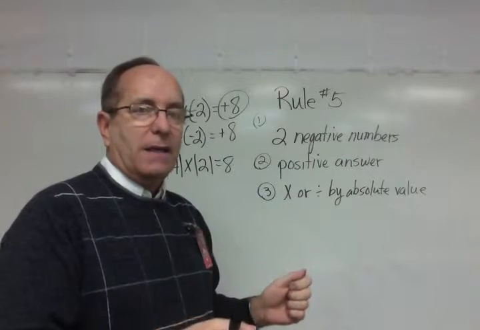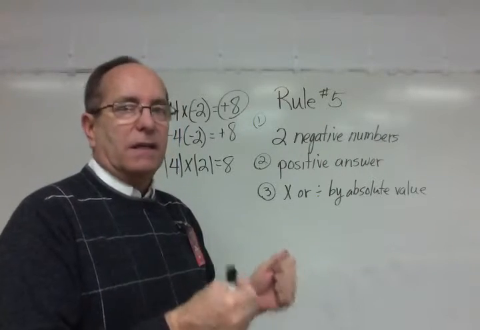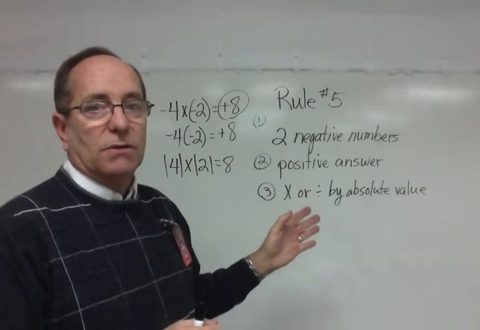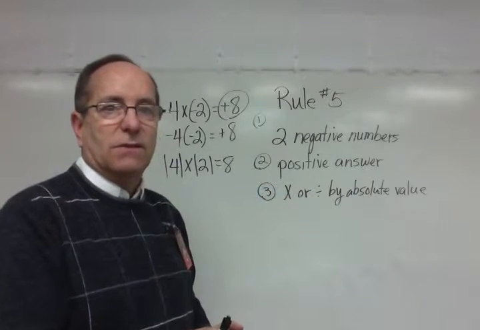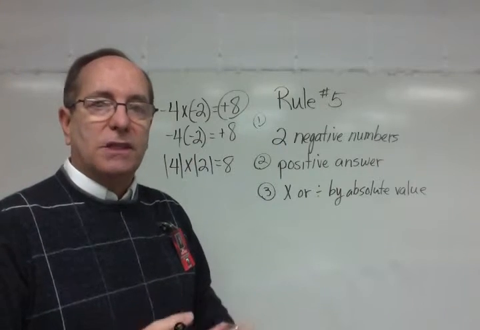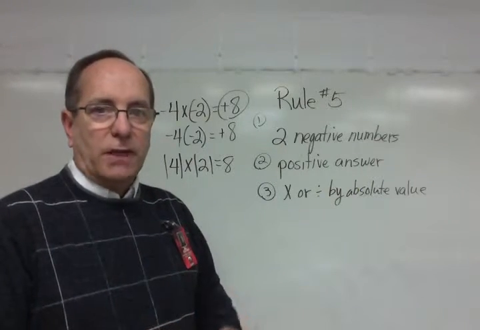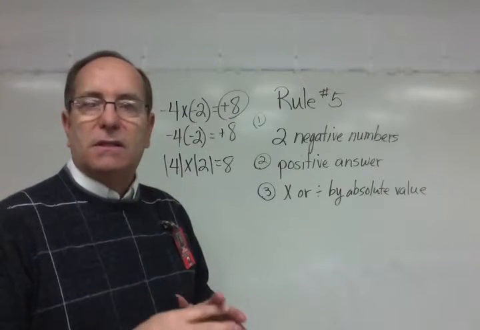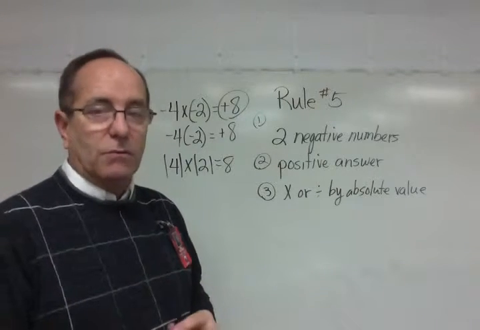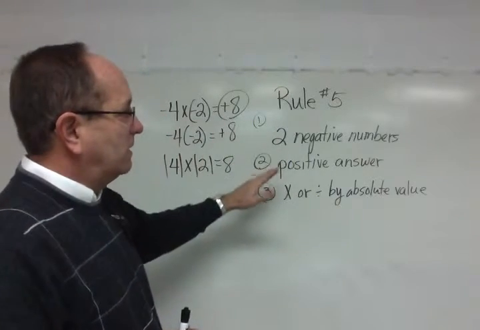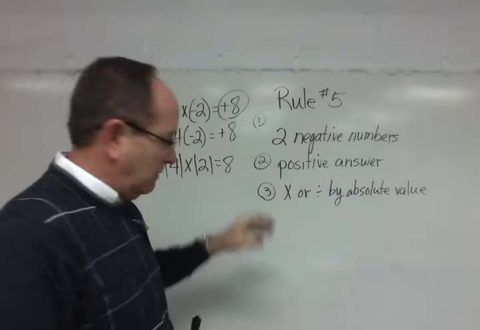When I add negative numbers, I get a negative answer. When I multiply or divide two negative numbers, I get a positive answer. That will confuse a lot of you, and until you get this skill down, it takes practice, practice, practice, and once you have that process understood, things will go okay for you, but it will be confusing at first. Two negatives, when I multiply and divide, mean a positive answer.